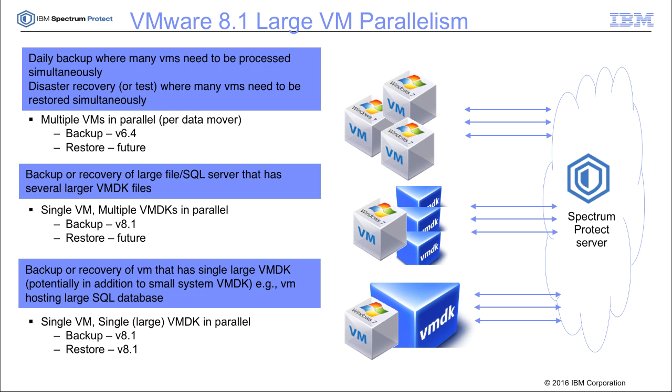And in the future, we're going to continue to enhance this parallelism to allow you to restore multiple VMDKs in parallel and also restore multiple VMs in parallel. But again, at version 8.1, the change is the ability to back up single VMs with multiple VMDKs in parallel and to back up and restore these large VMDKs in parallel using multiple sessions.